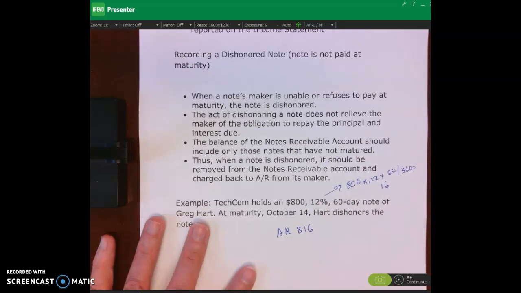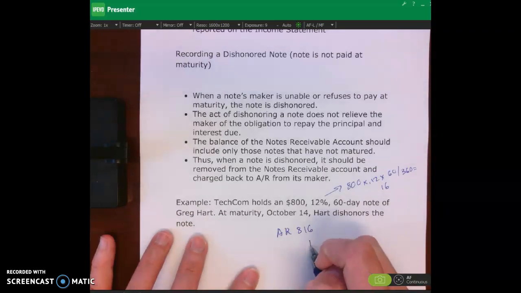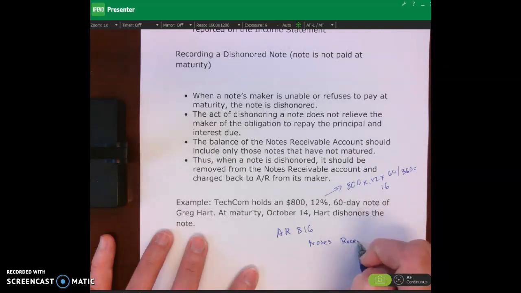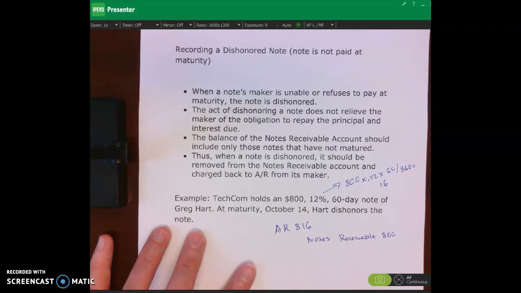And remember, my abbreviation for accounts receivable is AR. Now, I also credit notes receivable for $800, which was the principal.